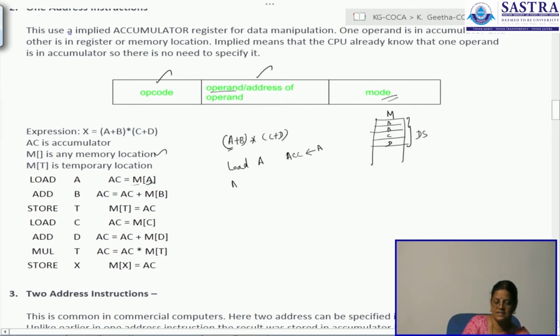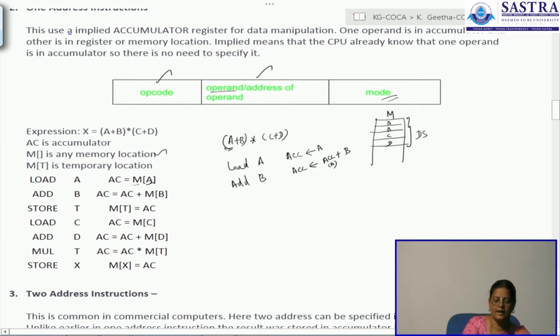If I just say add B, what will happen? One operand is expected in the accumulator. The accumulator will have the already preloaded operand, that is nothing but A, and then I directly add with B. So A and B will be added, and the result will be stored in the accumulator.